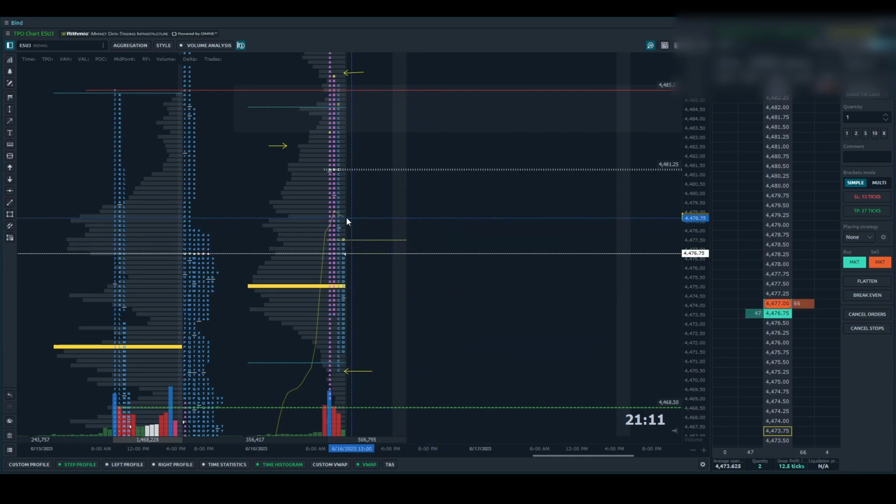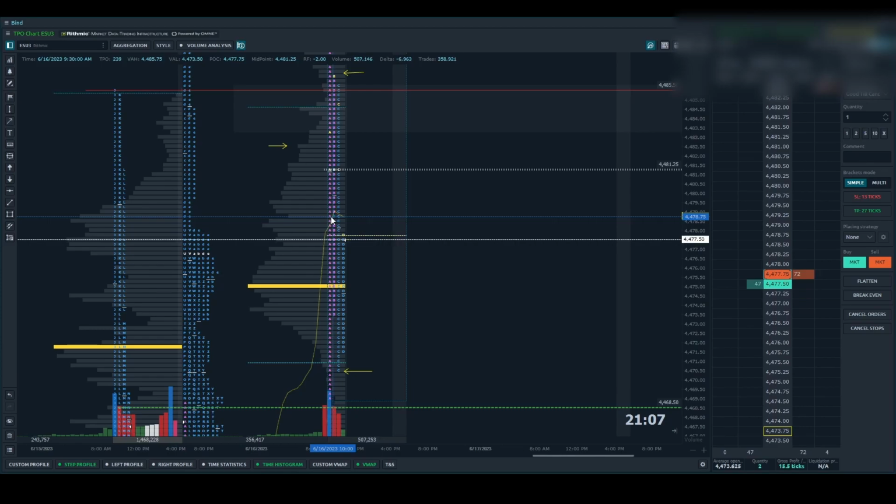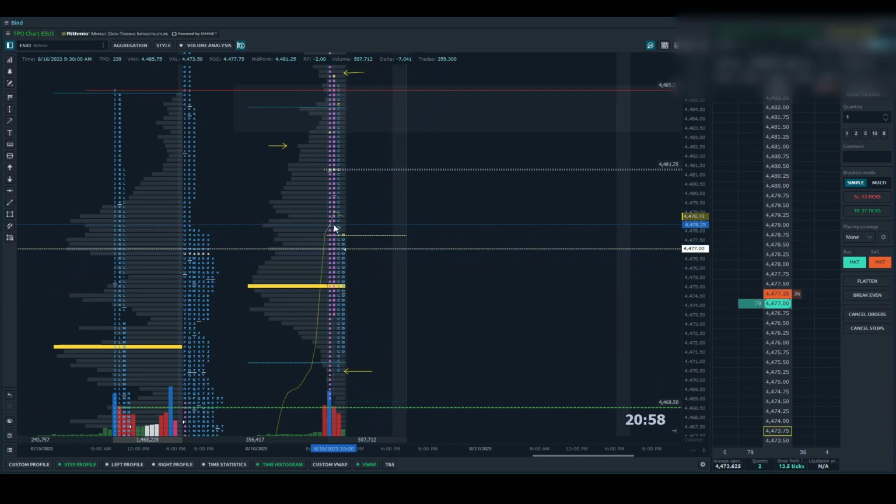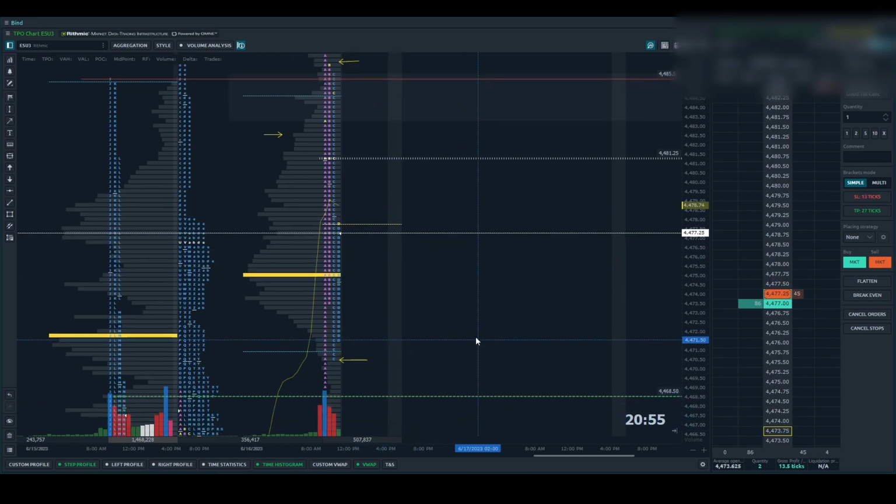So now, like I said, we're going to be looking to see if we get through this VWAP. It should cut right through there without very much resistance. Otherwise, I might actually cancel the trade and just get out because it's a really good sign we're going to continue lower.